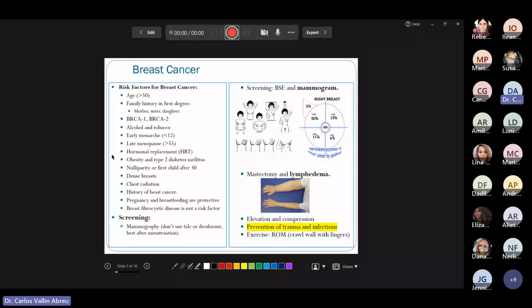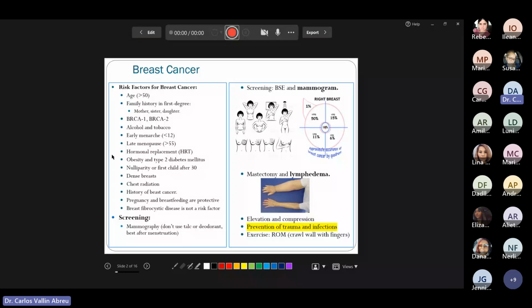The other risk factor is genetics. There is a super important genetic influence in breast cancer. There are genes that predispose some women to breast cancer more than others.